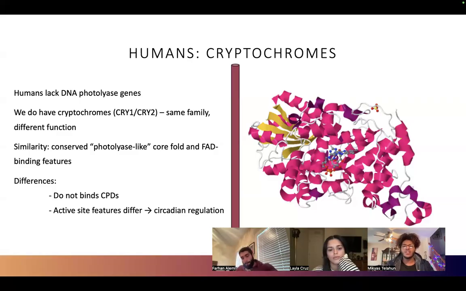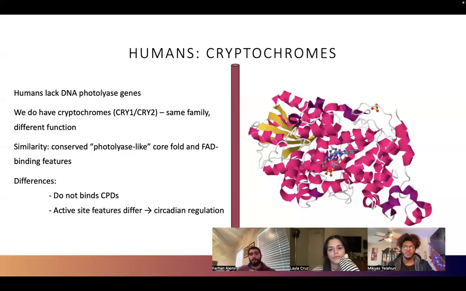And the active site is also different as they have a regulatory function, which is able to detect light while sleeping and be able to kind of detect light, but it does not repair DNA. And that's to be expected since we know that evolutionarily we lost that ability.